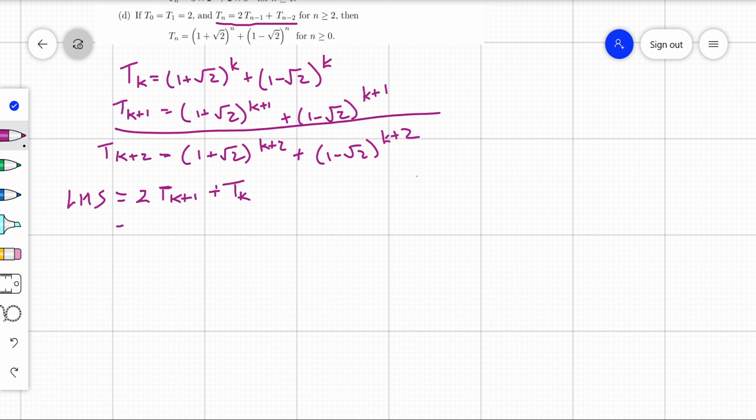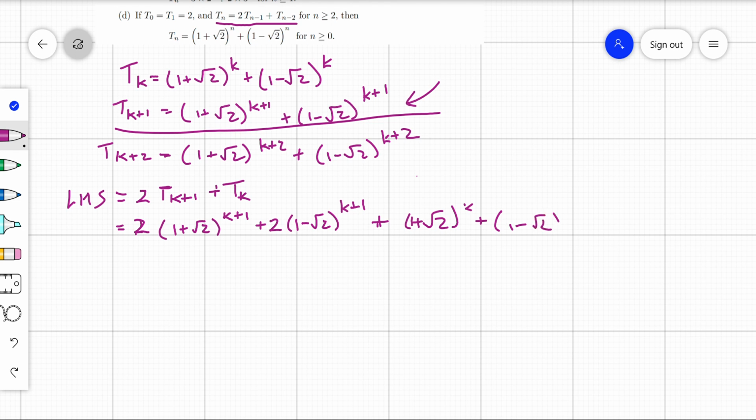And using our assumption, that would be two lots of (1 plus root 2) to the k plus 1, plus two lots of (1 minus root 2) to the k plus 1, timesing them both by 2. And then we've got our T of k, so (1 plus root 2) to the power of k, plus (1 minus root 2) to the power of k.